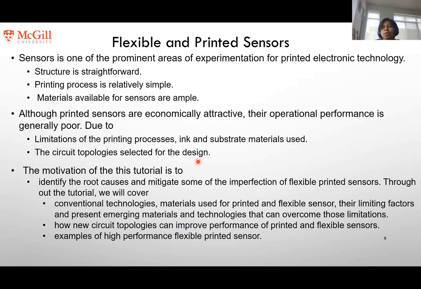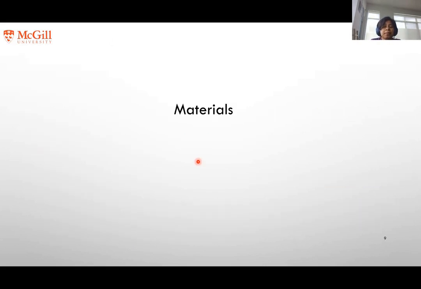Throughout this talk, I'll give examples of these things. Some of them might be from literature, but most of them will be things that I and my students have done in our lab. So let's first talk about materials.